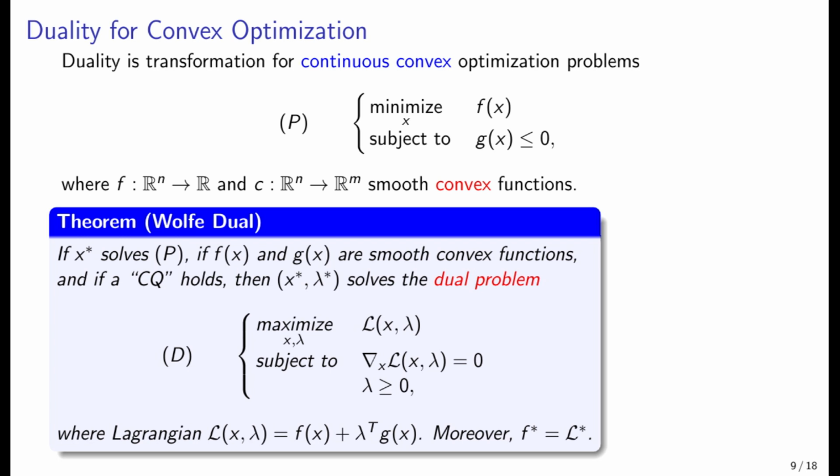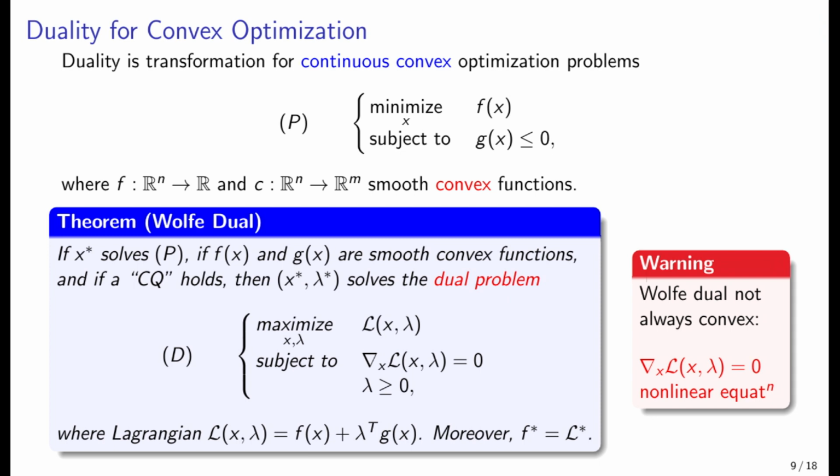In fact, the maximum of this dual problem is the same as the minimum of my primal problem. This is a very nice property because if I find any feasible point to this problem, not necessarily the maximum, then this feasible point will be less than or equal to the maximum, which gives me a lower bound on the objective function of the primal problem. And that's used in pruning in integer optimization.